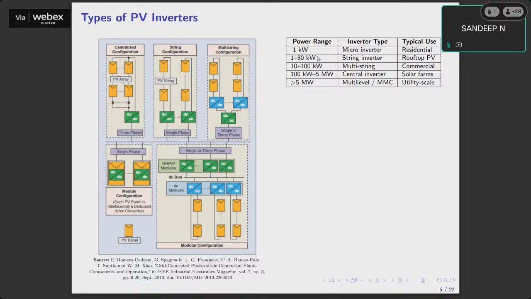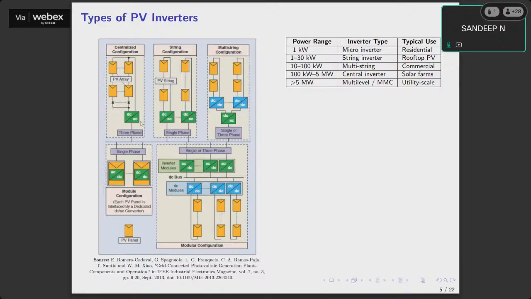Okay, anyways. So up to 1 kilowatt, we have a micro inverter, and typically they are used in residential applications. For the power rating 1 to 30 kilowatt, we go for a string inverter, which could be on a rooftop. 10 to 100, we have a multi-string, which is generally commercial, and 100 kilowatt to 5 megawatt, we go for a central inverter where we have a solar farm.